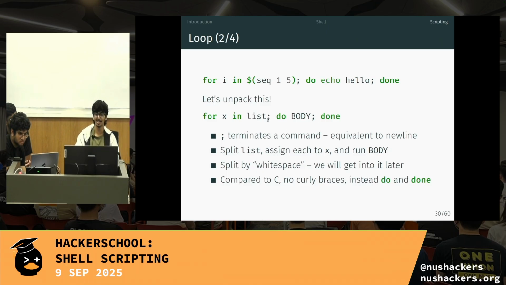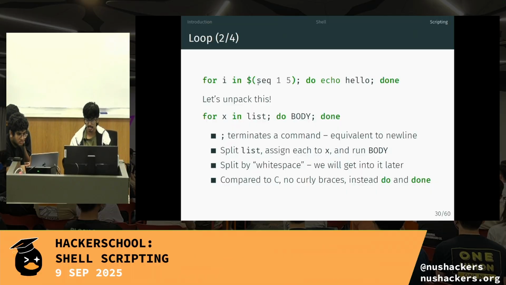We use the semicolons here to terminate each of the three sections, but you can also use a new line. It's equivalent. What this essentially does at a low level is it splits the list into whatever values it outputs, assigns each to x, and then runs the body. The list will be split by the white space again between each term, and again, we'll get into this later.